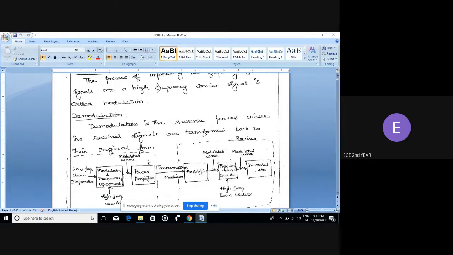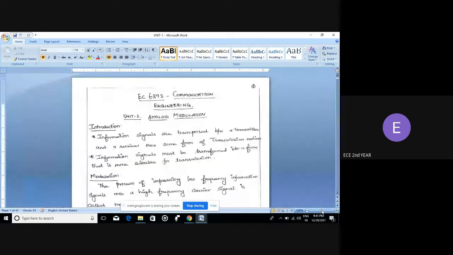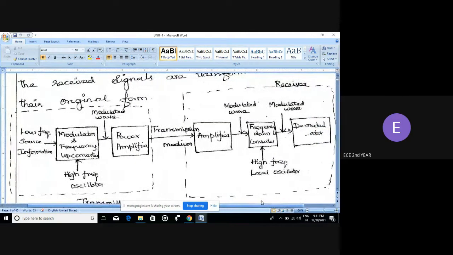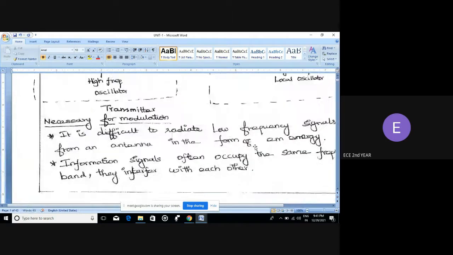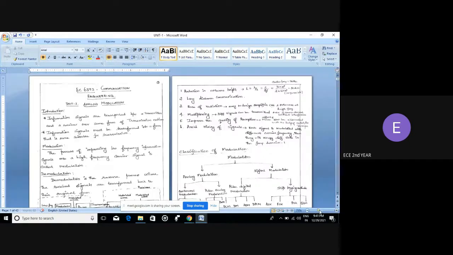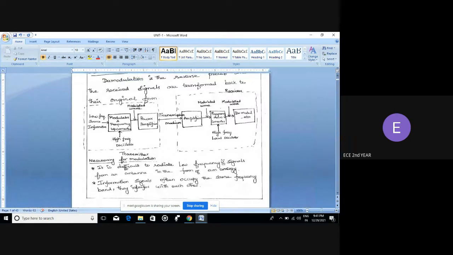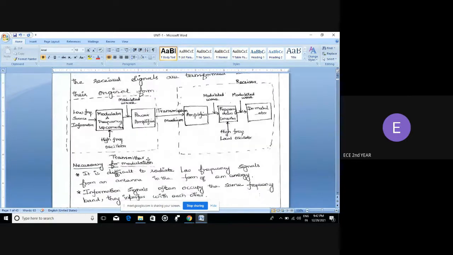Let us see the block diagram for the communication system. As we said, the low frequency signal must be made suitable for transmission. Here the information is the low frequency information, right?